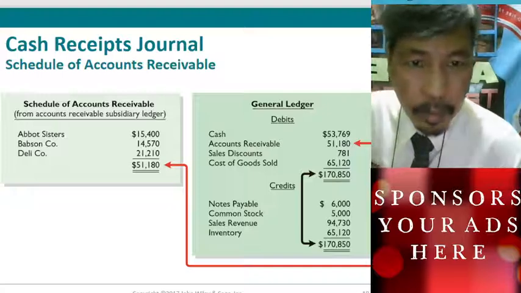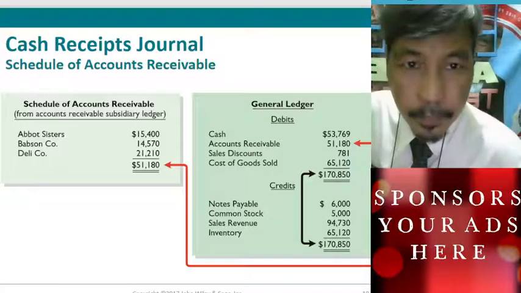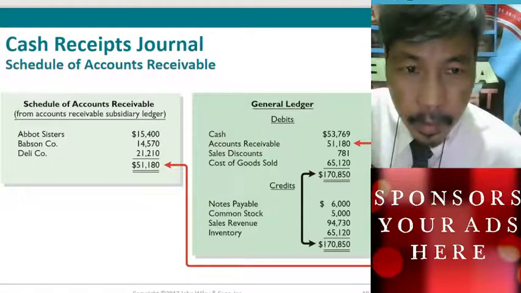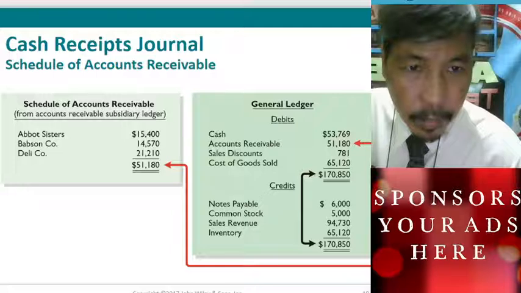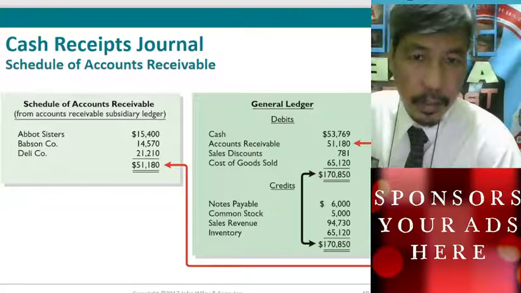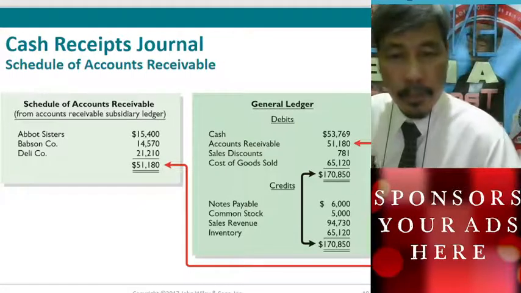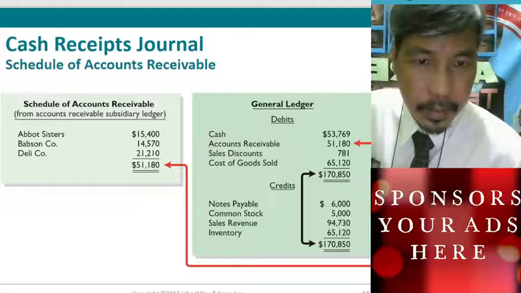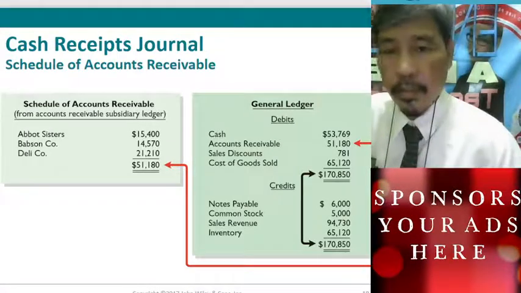You can have a total accounts receivable here, very easy to monitor. So here, debit, credit, general ledger, total. The subsidiary ledger, from different companies. And then you will total. Very easy.